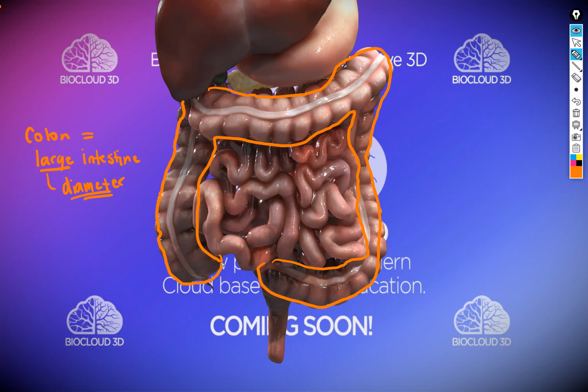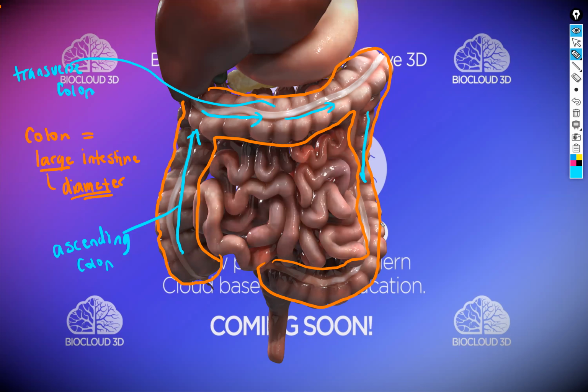So it has three main regions in addition to the cecum. So above the cecum, poop is going up. So we call it the ascending colon. At the top here, poop is transversing in the transverse plane. So this we call the transverse colon.